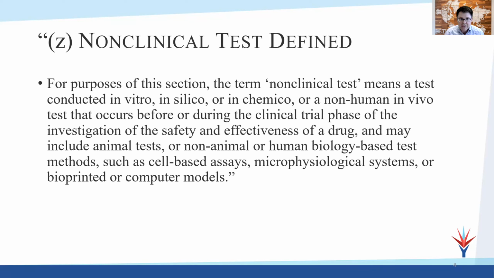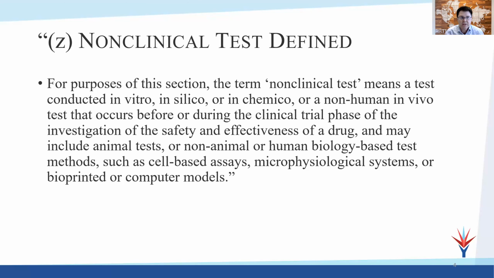According to Congress, for the purposes of this section, a non-clinical test means a test conducted in vitro, in silico, or in chemico, or a non-human in vivo test that occurs before or during the clinical trial phase of the investigation of the safety and effectiveness of a drug, and may include animal tests, or non-animal or human-based biology test methods.